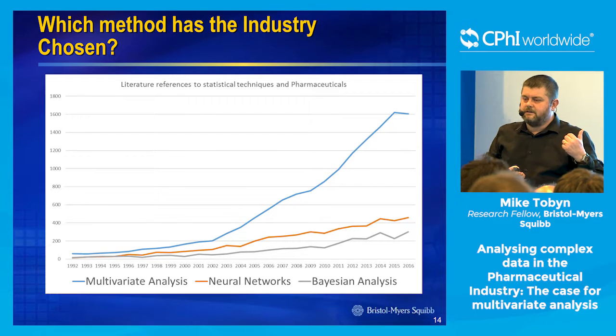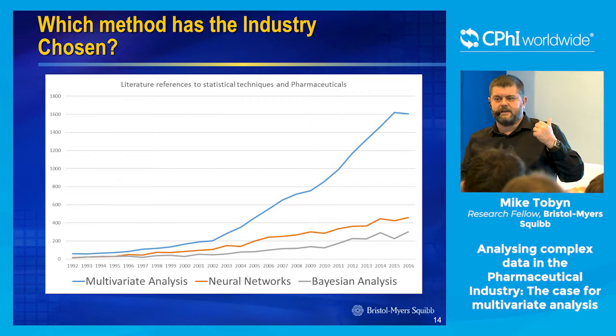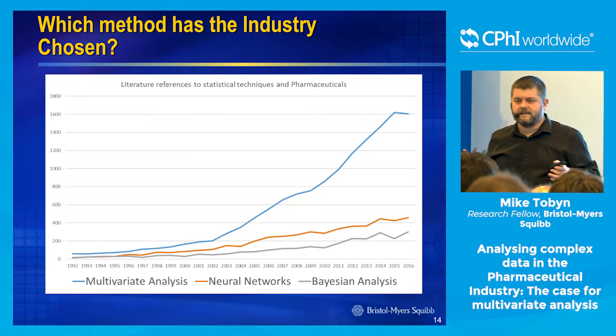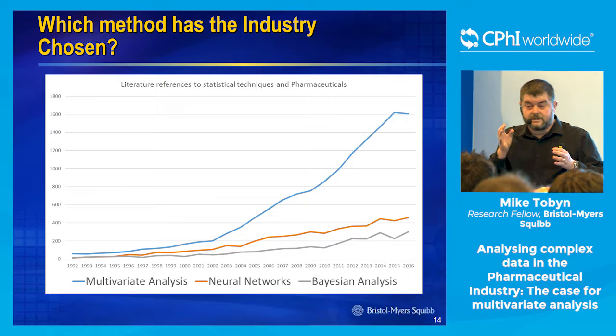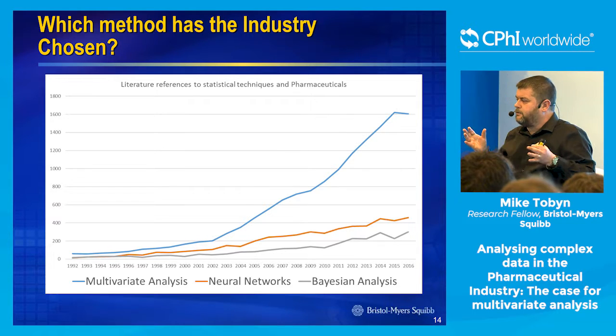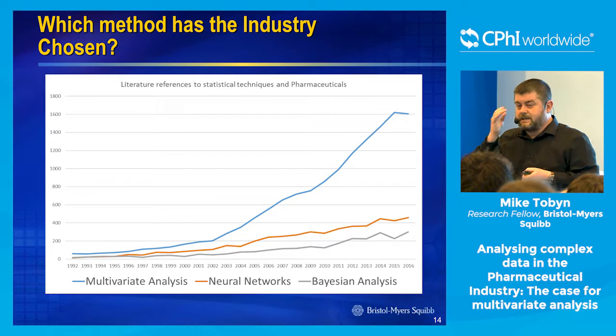But in general, the pharmaceutical industry has adopted multivariate analysis most widely. So those other techniques are possibly right for your application, but the most widely used is that suite of techniques called multivariate analysis.